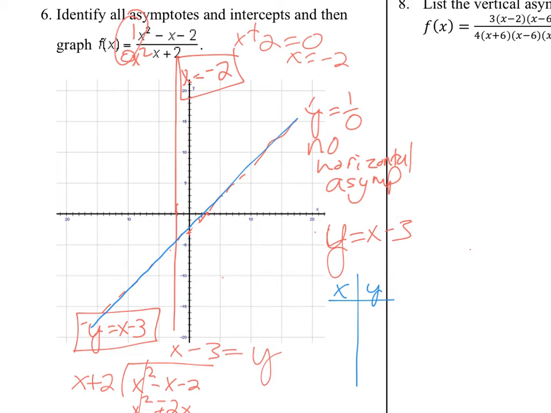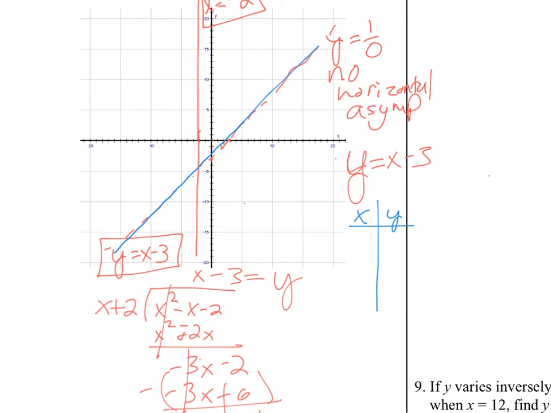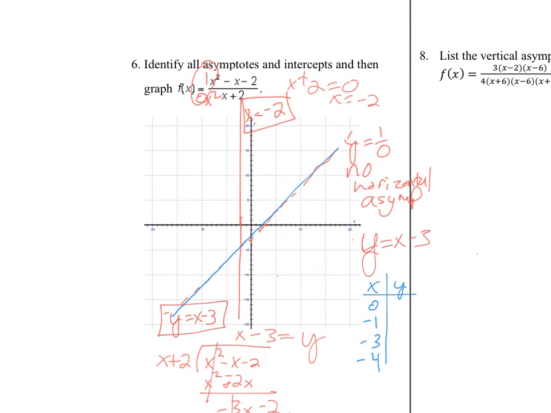Okay, that'll work. All right, so now we're going to do our points, x and y. I had -2, so I'm going to use 0 and -1, and then -3 and -4.